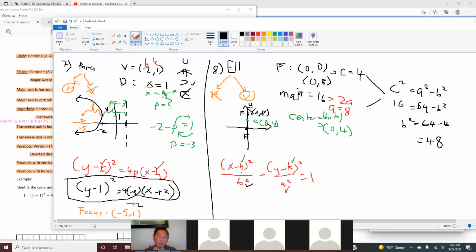Can someone tell me the equation? x squared, because our h is 0 so we can ignore the 0 here, over b squared, which is 48, plus y minus k, and k is 4, squared, over a squared, which is 64, equals 1. So this is your answer.